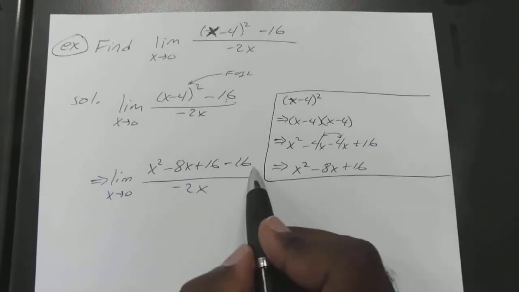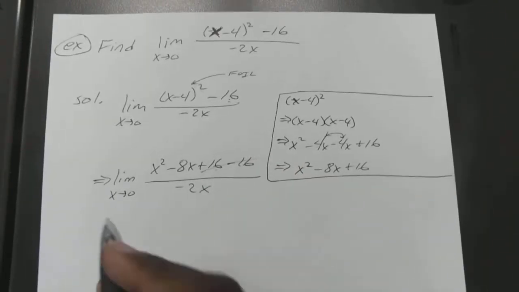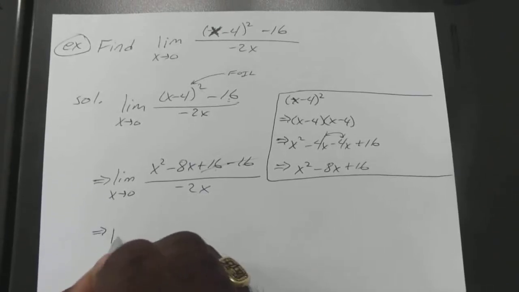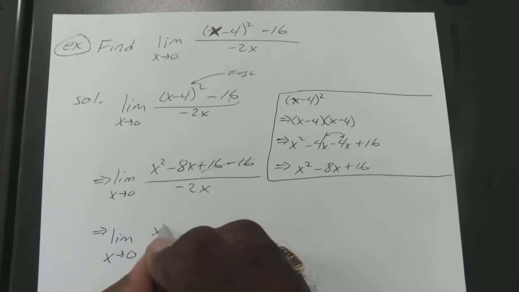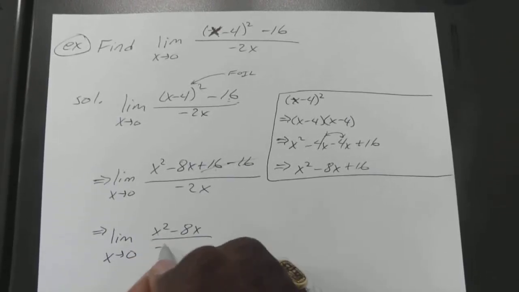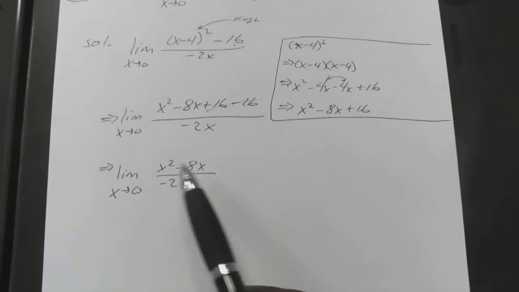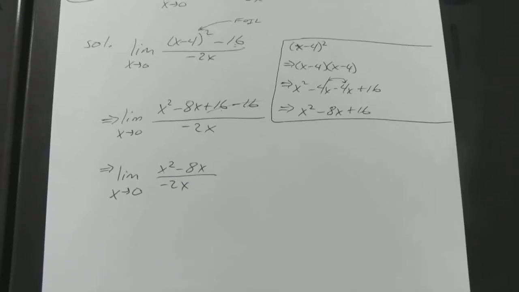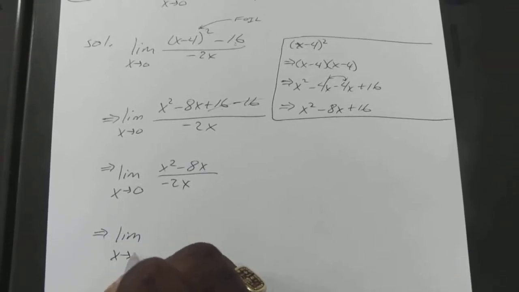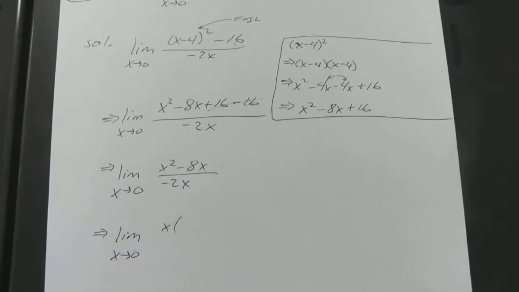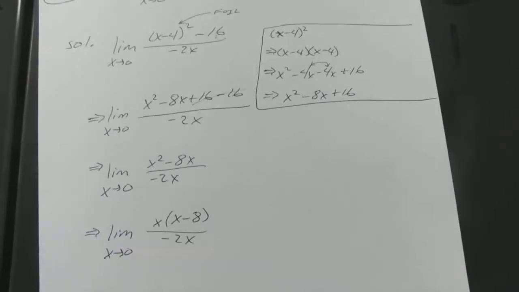Now you have plus 16 minus 16, that cancels out. So that gives you the limit as x approaches 0 of x squared minus 8x over negative 2x, which works out because we can factor an x out of both of those. So you have the limit as x approaches 0 of x times x minus 8 over negative 2x.